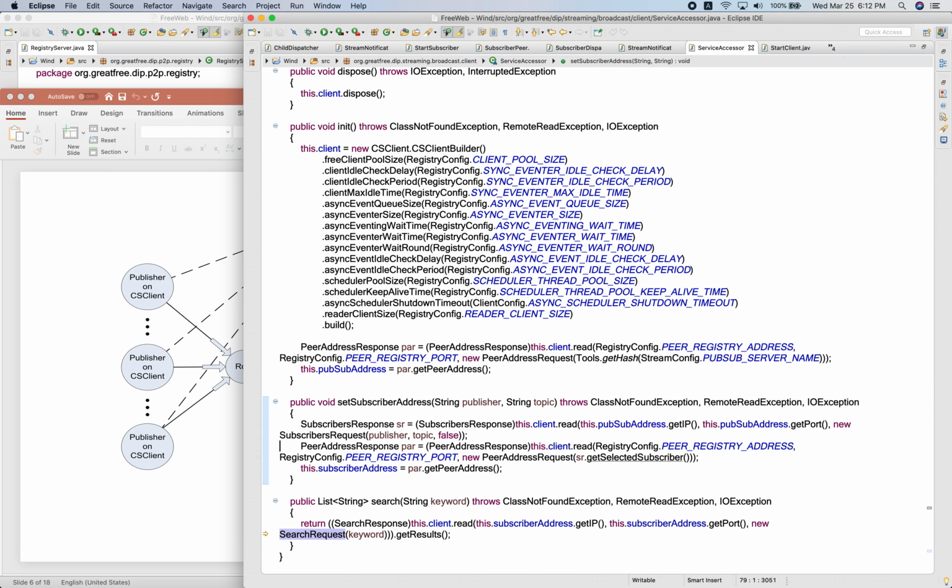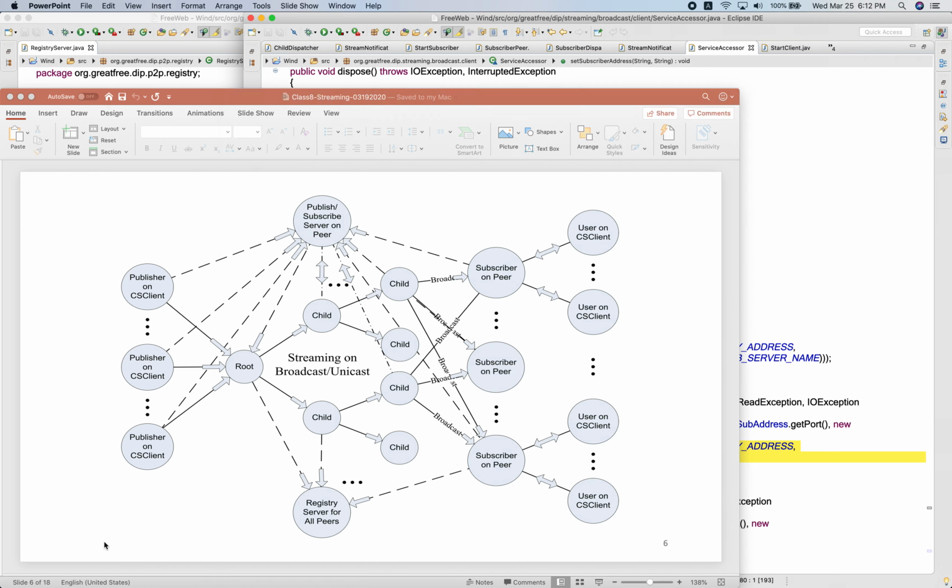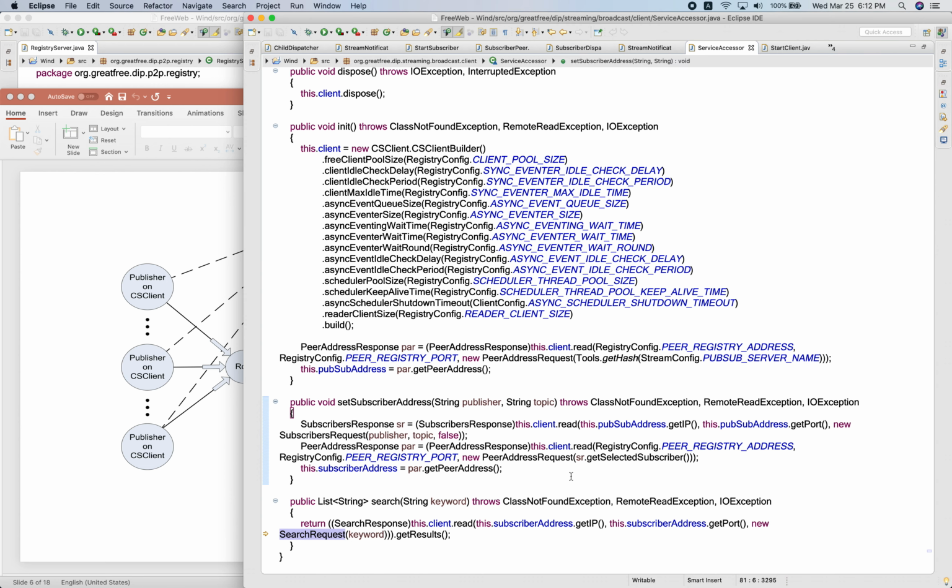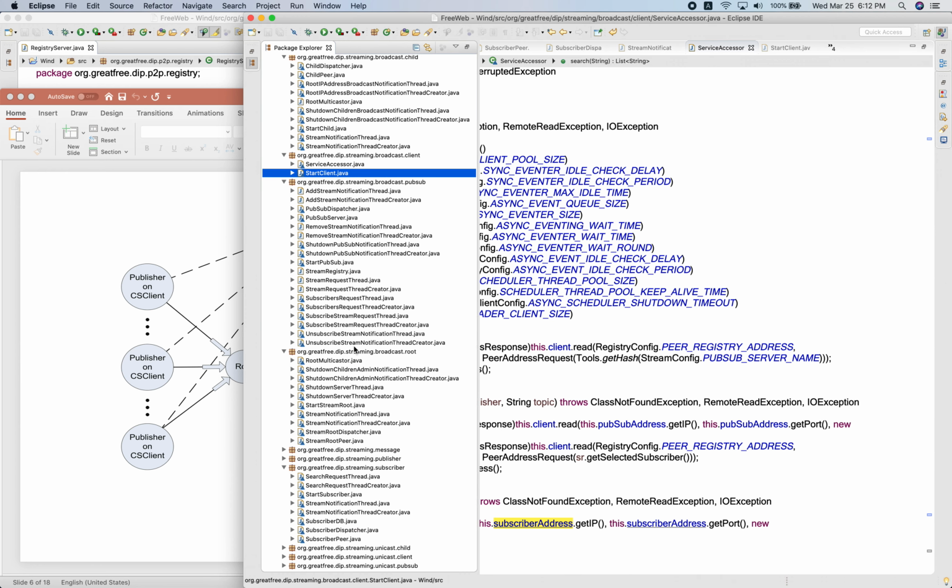Then you send another request to the register server to get the IP address of the subscriber, and then it is able to interact with the subscriber to consume the data, the stream. So this code is very easy.